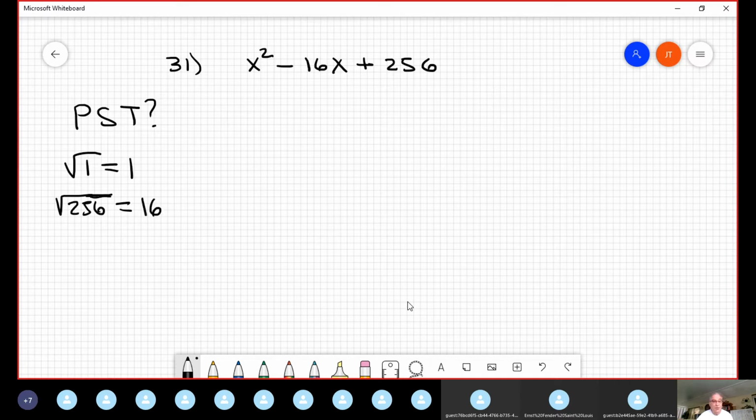And now you multiply 1 times 16 times 2, and the result is 32. 32 is not exactly the same as this. Therefore, the conclusion is no, it is not a perfect square trinomial.